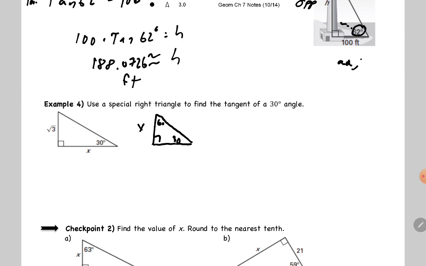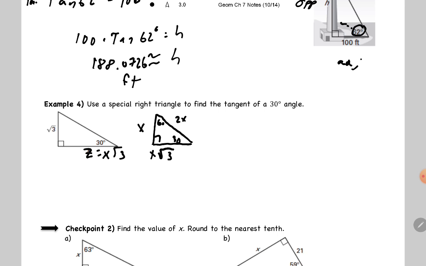Opposite of the 30 is x, the hypotenuse is 2x, and opposite of the 60 is equal to x root 3. Okay, so in this case, here I'm going to change this to z. So z is equal to x root 3.